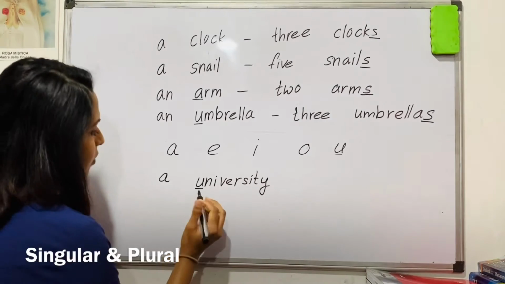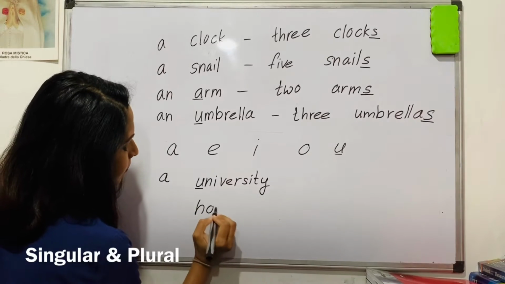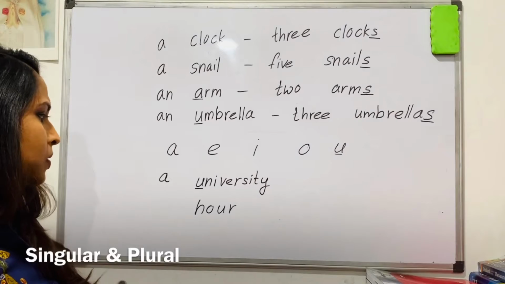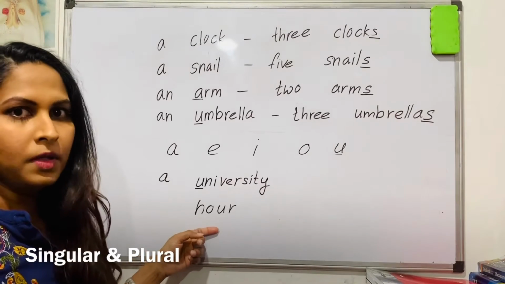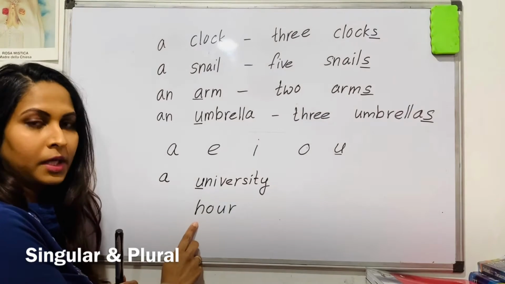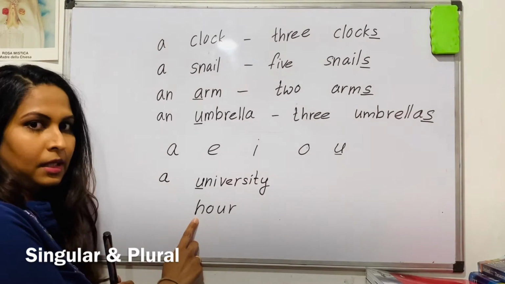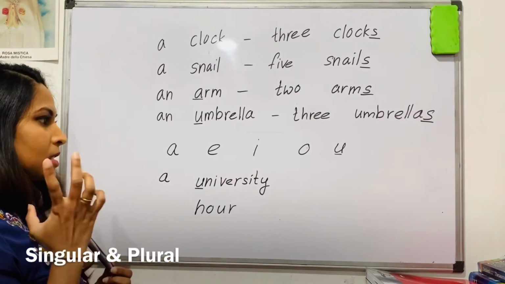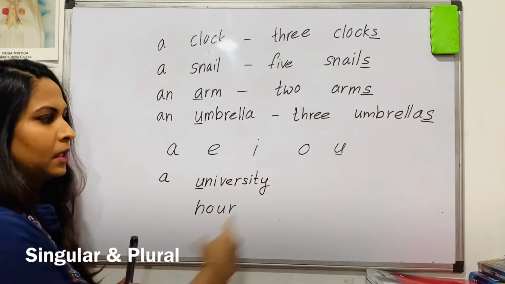And what about this word? Hour. We pronounce this word our. We don't say her. We don't pronounce the beginning letter here and it is pronounced as our. So the sound is a, like this.